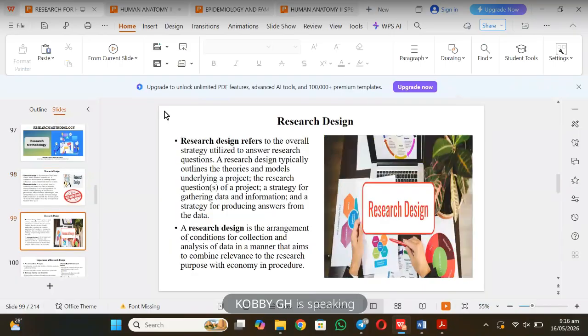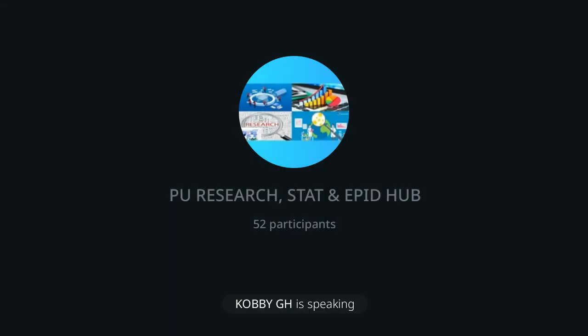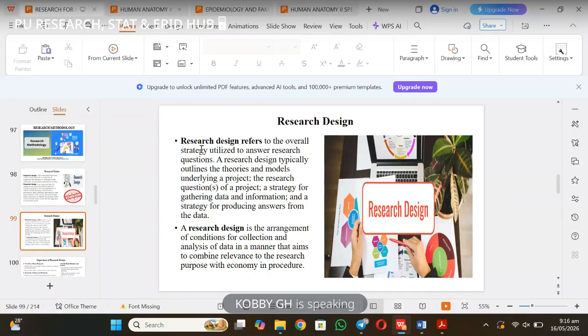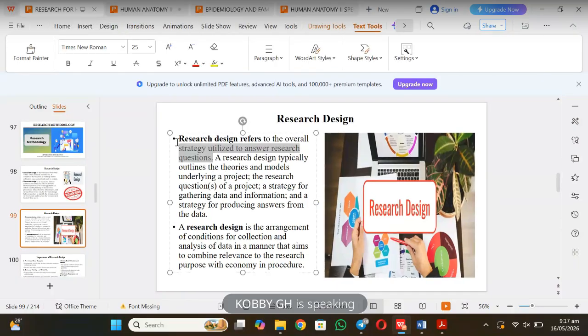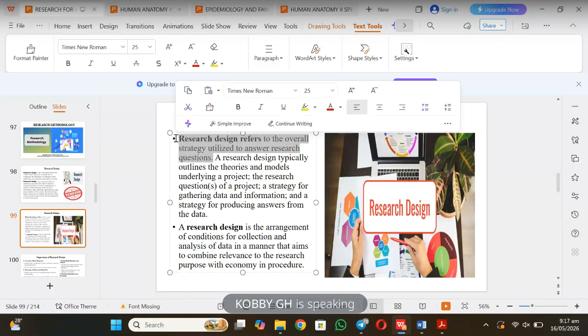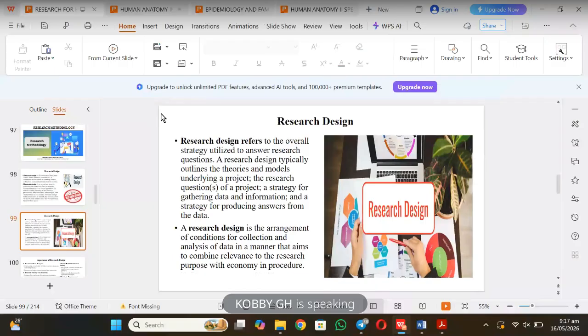Again, there is another one over here. Look, the research design refers to the overall strategy utilized to answer research questions. So when we say research design, it's the general strategy, all the procedures that you are going to use, so that at the end of the day, you get answers to your research questions.